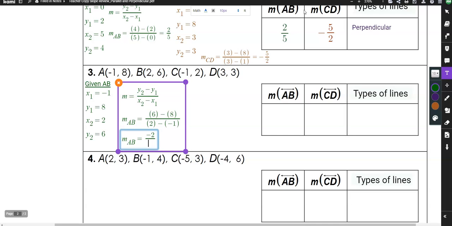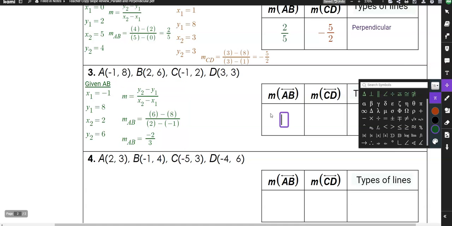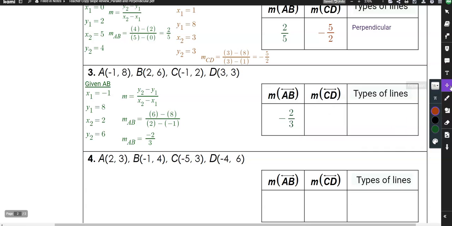And 2 minus negative 1 is going to be positive 3. So the slope of line AB is going to be negative 2 over 3. Generally speaking, putting the negative out in front is usually a good idea.